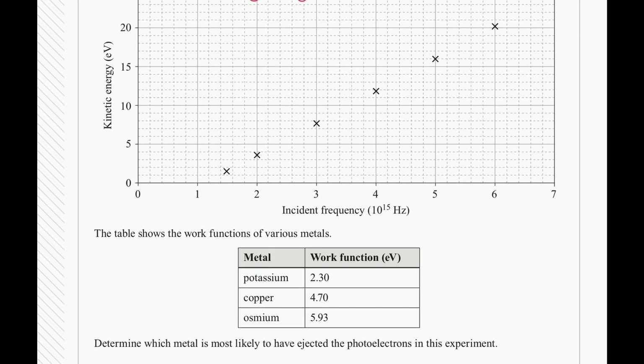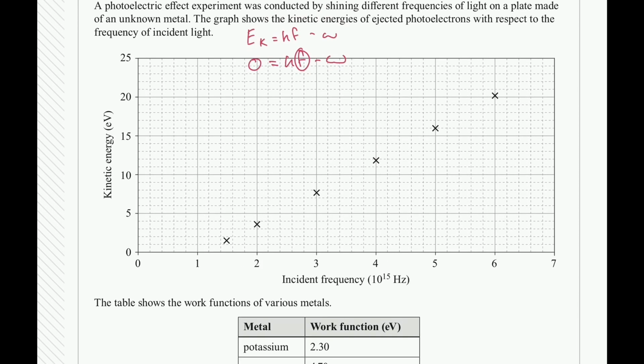So here we have our graph. Our incident frequency is our x-axis, and the kinetic energy of our ejected electron is our y-axis. An important thing to note is that y is measured in eV. Planck's constant has joules as one of its units, so if we calculate anything in our formula, we will calculate it in joules.